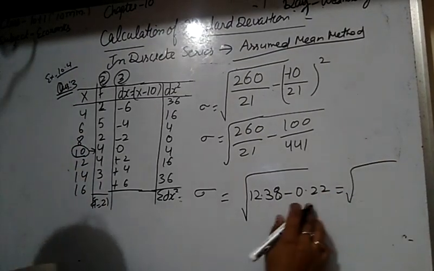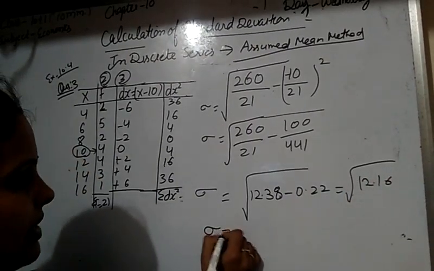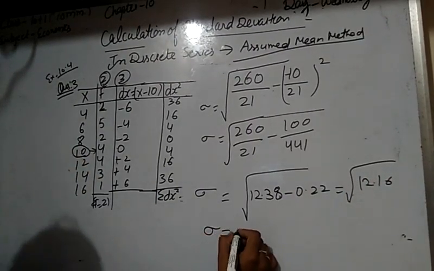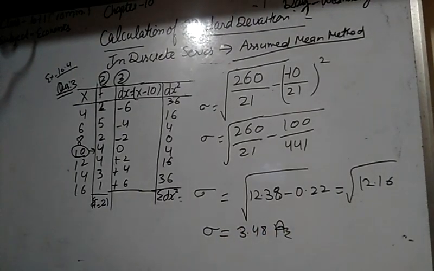So when we deduct these, the value is 12.16 and the standard deviation is equal to 3.48. Clear students?